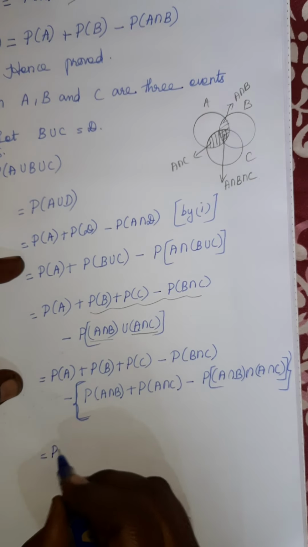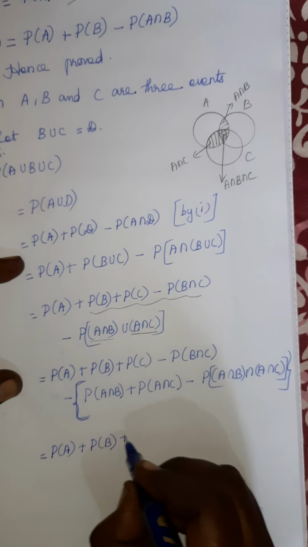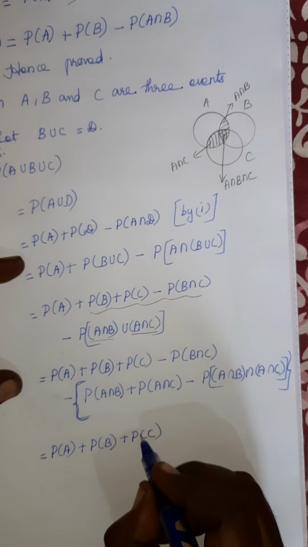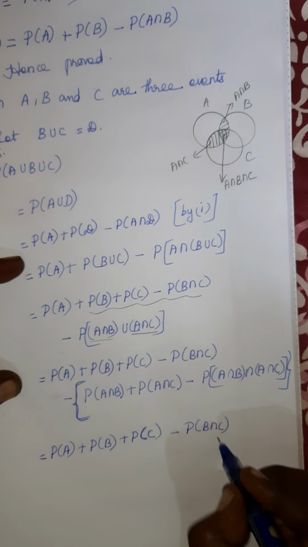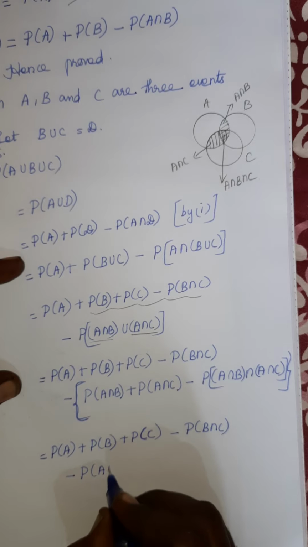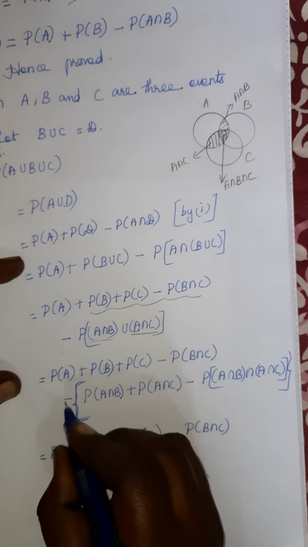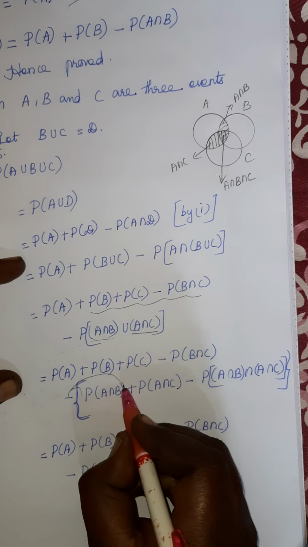Okay, so P of A plus P of B plus P of C minus P of B intersection C. Then apply this minus inside, minus P of A intersection B. This minus again inside. Okay, in each place you have to take the minus.